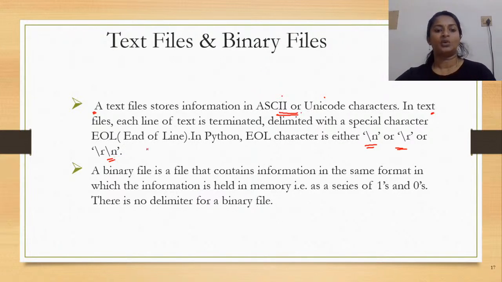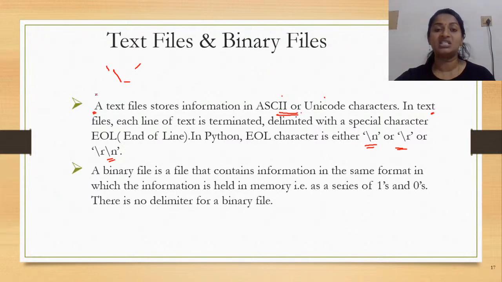As I told you, a text file is just plain text as it appears to the user, and this is how it would be terminated. You would have special characters, escape sequences, or a combination of escape sequences to mark the end of the line. Now, what is an escape sequence? It is a combination of a backslash followed by a character.